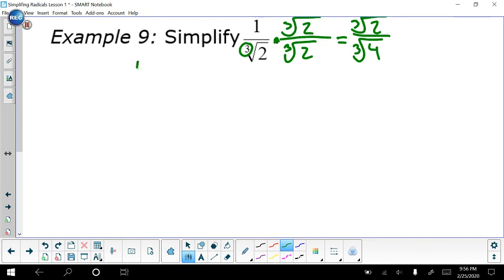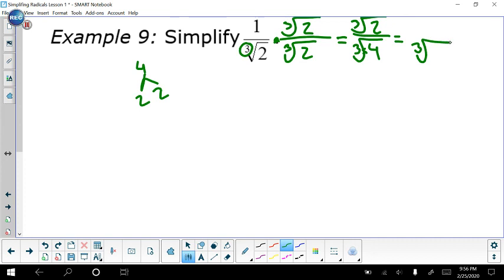Now, if I break 4 apart, that's really just 2 times 2, and I need 3 numbers inside the radicand to simplify this completely, and I only have 2.